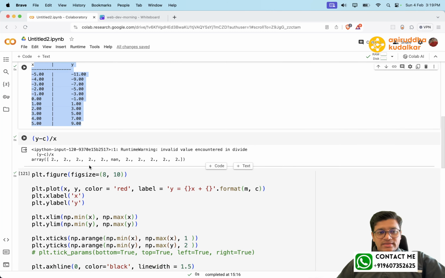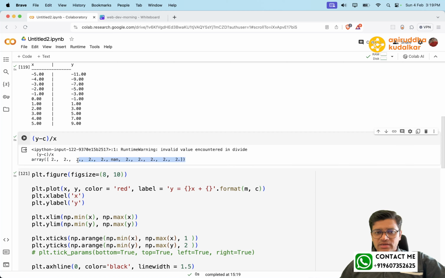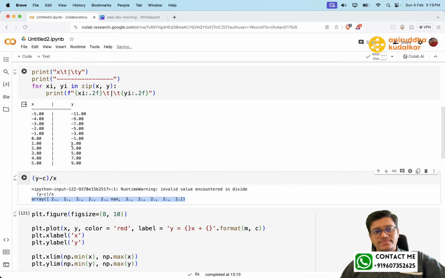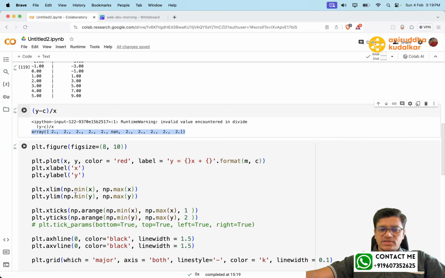Okay. Then here what I have printed, can you see slope is kind of constant over here. Now, one thing comes to your mind, right? Let's try it first.